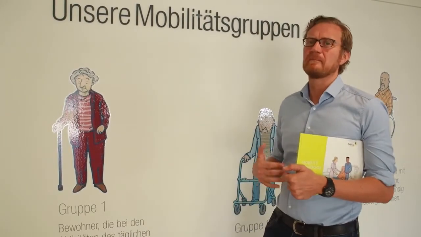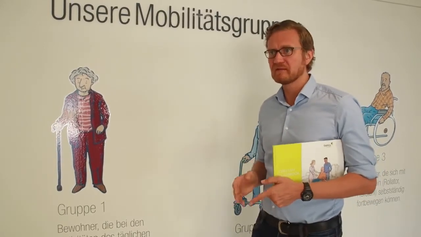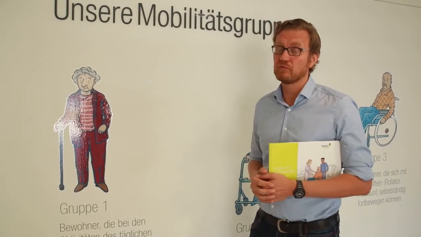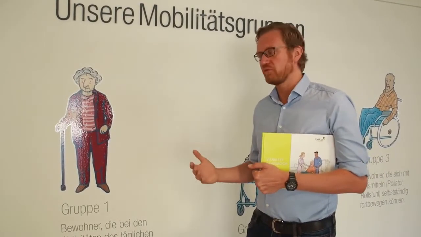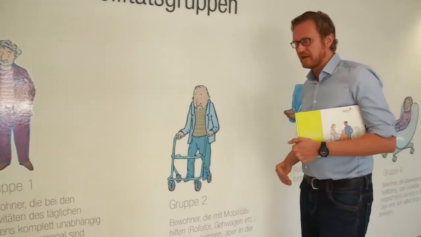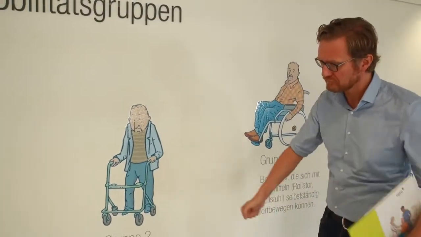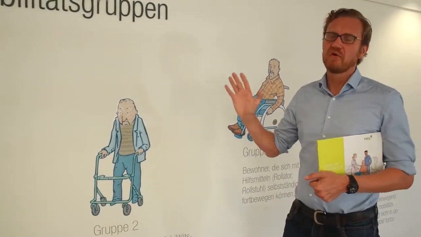Group 1 doesn't need much help. They are more or less independent. There are some products like the Motion that can fit perfectly to group 1, but more or less the need is not so much. When you see group 2, you see here an older man with a walker, and he is more dependent on the caregivers.